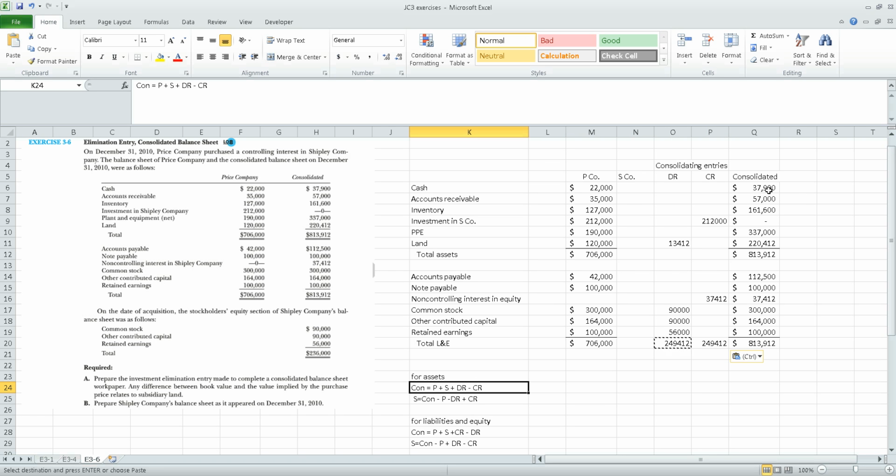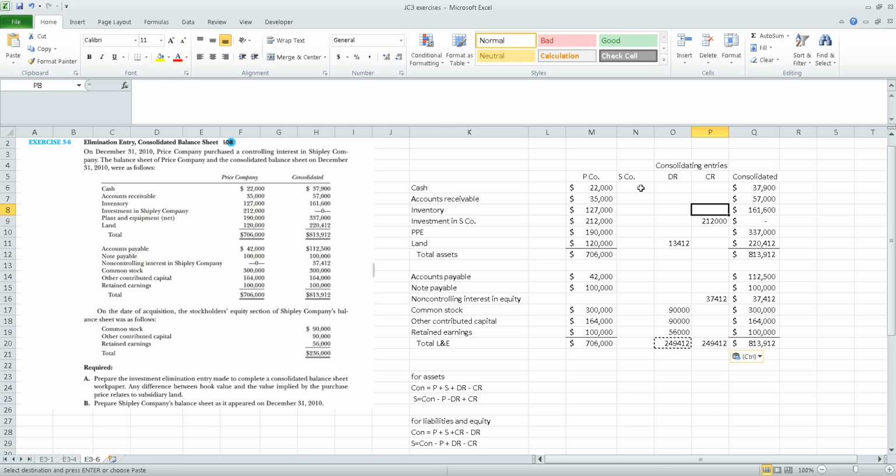That's stated here. Consolidated balance equals the parent P plus the sub S plus the debit minus the credit. Or just rearrange, and in order to figure out what the asset amount is for the sub, you take the consolidated balance over here, subtract from it the parent's balance here, subtract from it any debit that was made through the consolidated entry, and add to it any credit that was made in the consolidated entry.